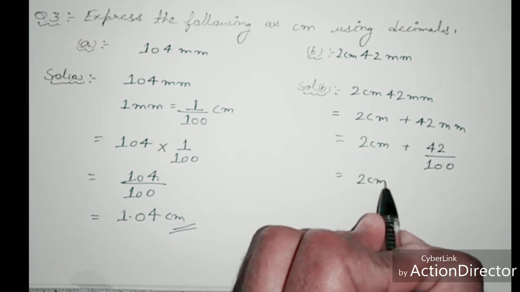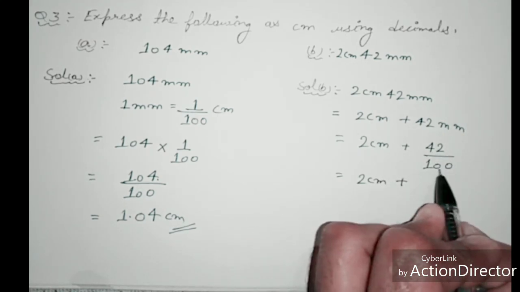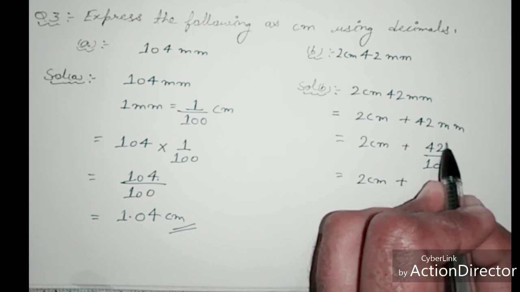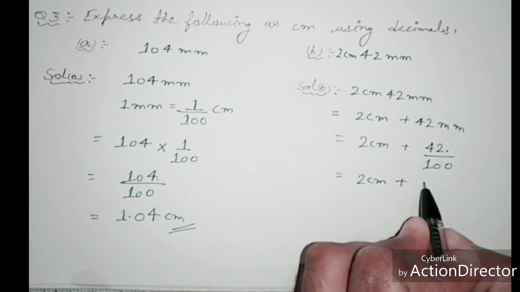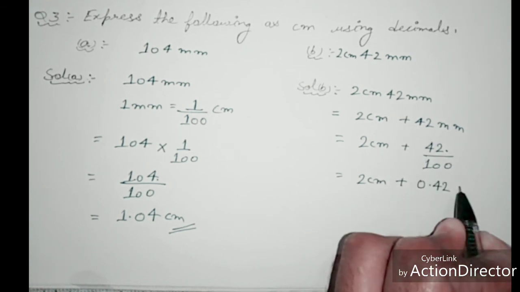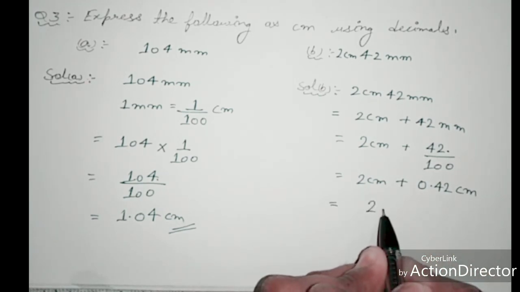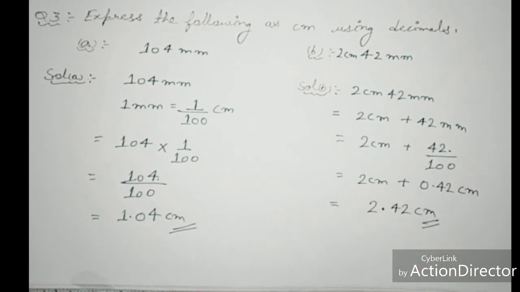So 2 centimeter plus, here 10 has 1 zero, so the decimal shifts from here to here, one place to the left hand side. So we write 4.2 centimeter, and when we add both centimeter values we get 6.2 centimeter. So we write 2 centimeter 42 millimeter in centimeter form as 6.2 centimeter.